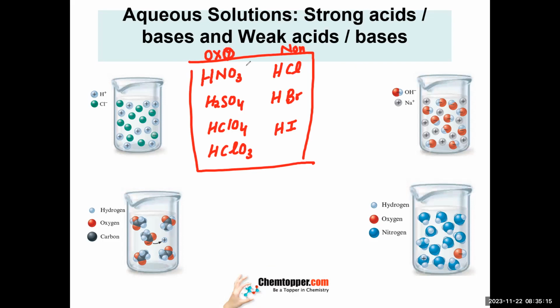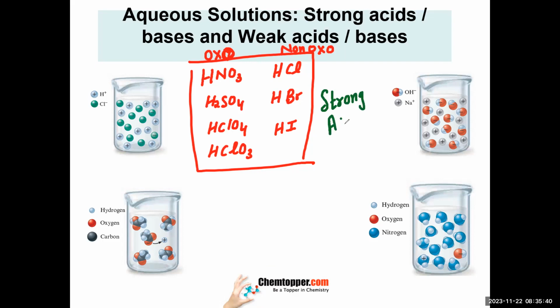I think in the list I'm using oxo acids and non-oxo acids, with oxygen, without oxygen. The list is there with you. And the ones which I have written here, 1, 2, 3, 4, 5, 6, 7, are the strong acids which you need to know for your AP exam.